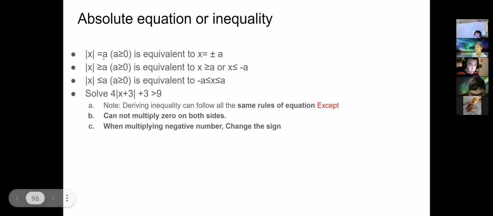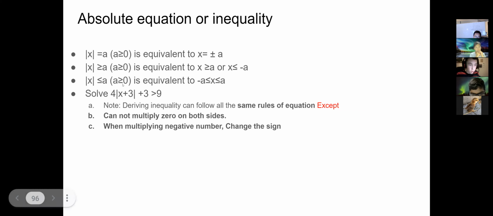And if the absolute value of x is greater than a, then it's equivalent to saying x is either greater than a or x is less than negative a. This is obvious, right? Or when we have the absolute value of x less than a, then it's equivalent to saying x is in between negative a and a.